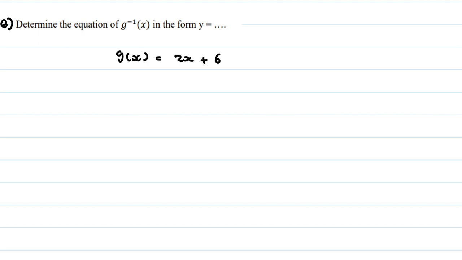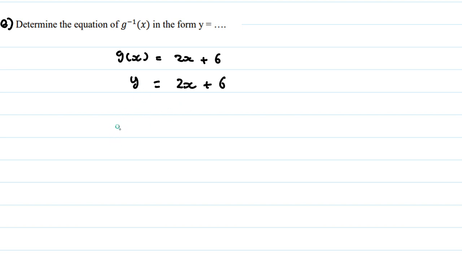Next, we are required to find the equation of the inverse of g of x in the form of y. Remember, this is the same as y is equal to 2x plus 6. The first thing that we have to do to find the equation of the inverse of g of x is to interchange the values of x and y.